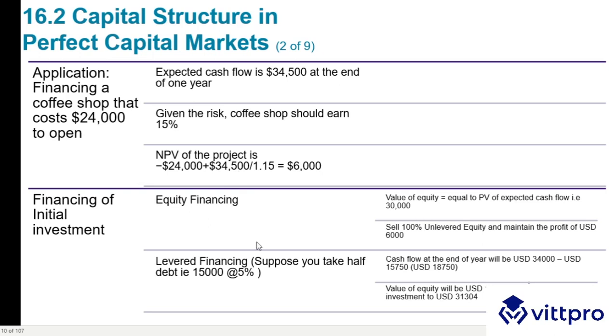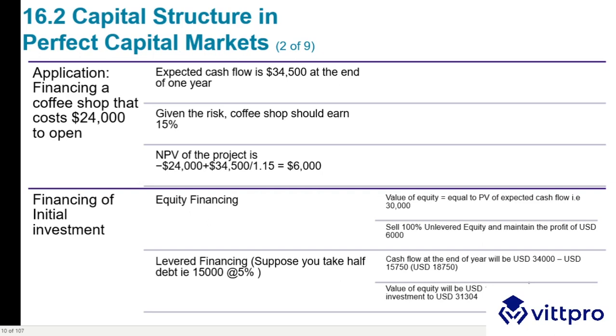So if you want to sell this company now, you set up at 24,000. The value of the future equity is 34,500 that you will receive at the end of 1 year, but the value as of today is 30,000, correct? At the rate of 15%. It means you can always sell your business at $30,000 and make a net profit of $6,000 now, correct?